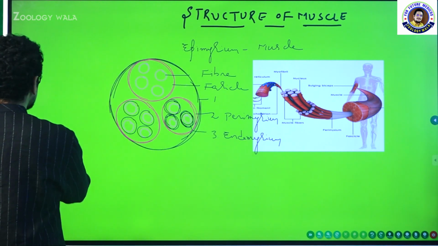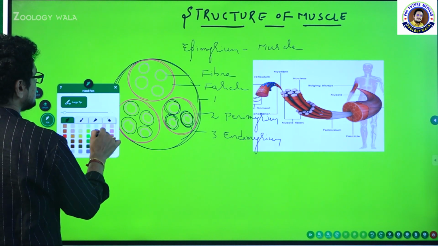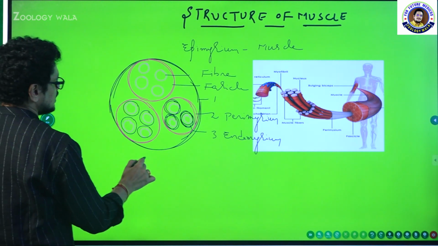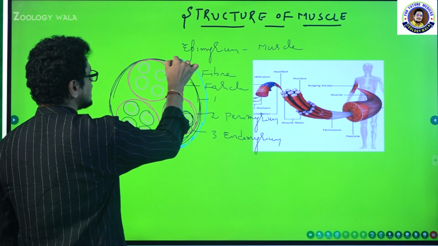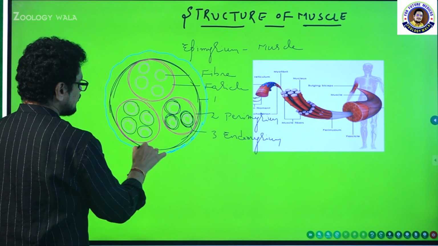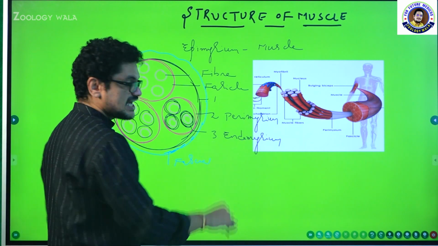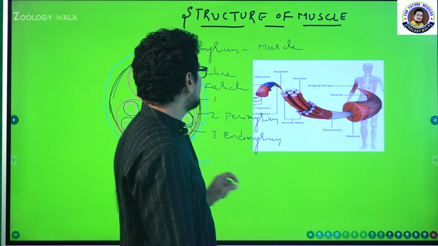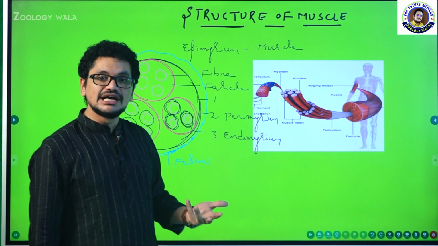So the entire muscle, which is covered by epimysium, is in turn surrounded by a layer called fascia, F-A-S-C-I-A, fascia. Fascia is nothing but a connective tissue sheath which covers the entire muscle, and of course epimysium is also covered by fascia.